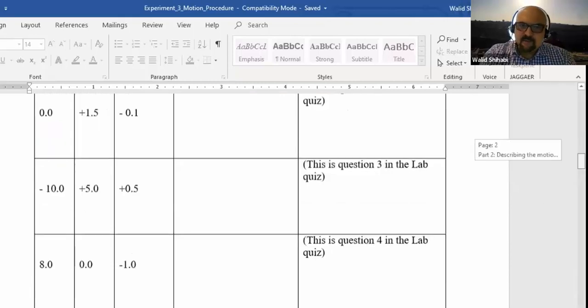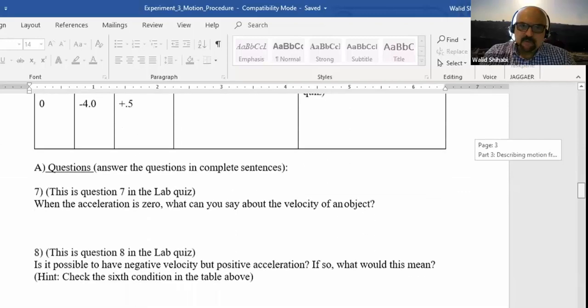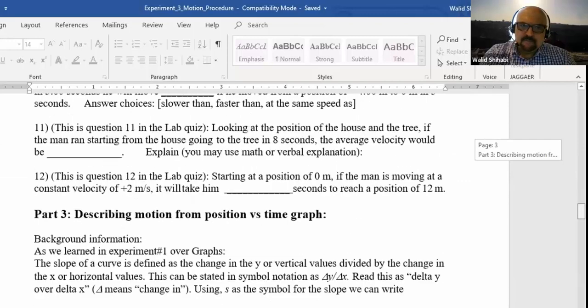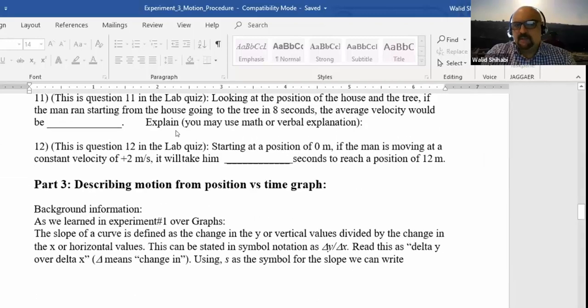The second table, which is part 3 here, you need to describe the graph you'll get. Meaning, are you going to get a straight line? And if you get a straight line, is it going to have a positive slope or a negative slope?